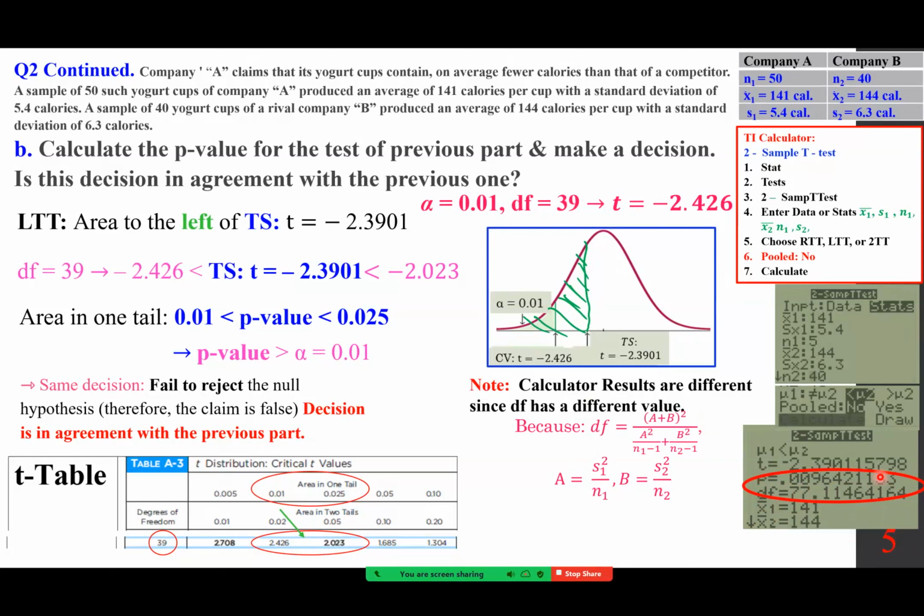And the p-value, 0.009642, is very close. If you stop here, it becomes 0.01 and looks identical to that. But the fact of the matter is the p-value is less than that. Even if it's equal to that, you reject H0. So we do get a different result from the calculator.